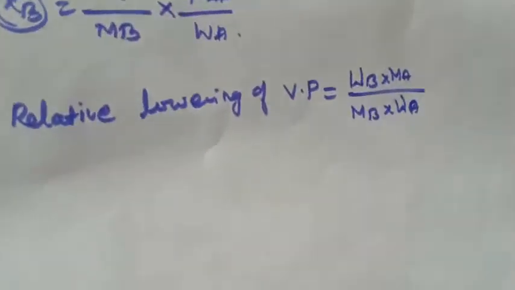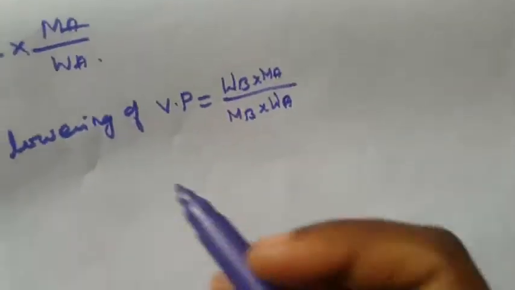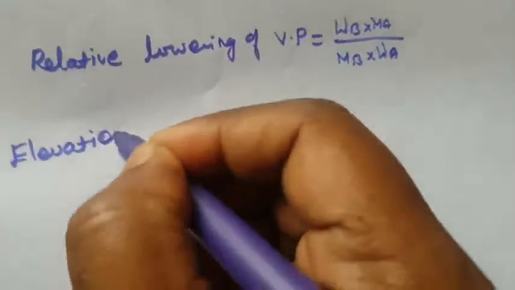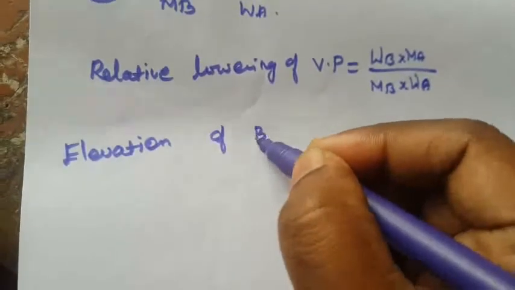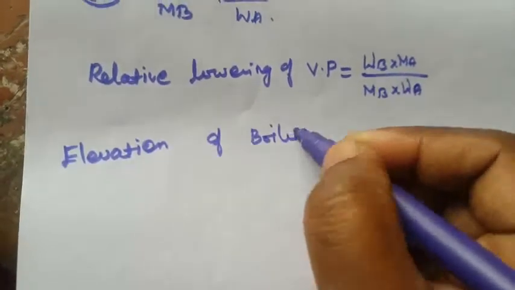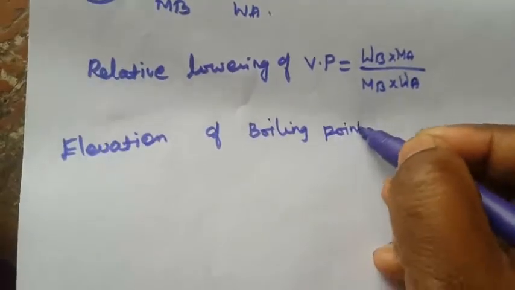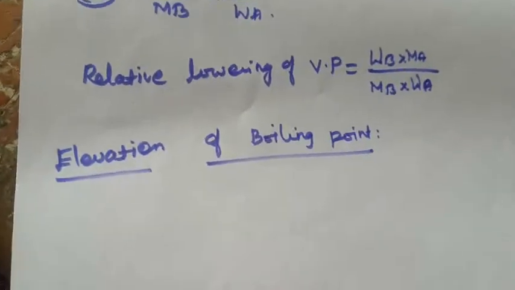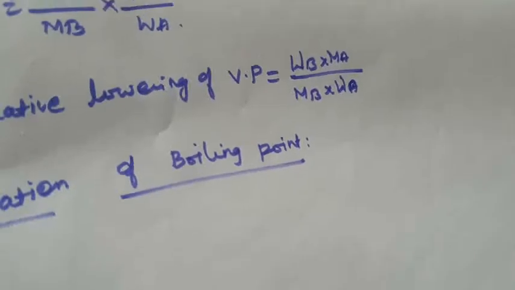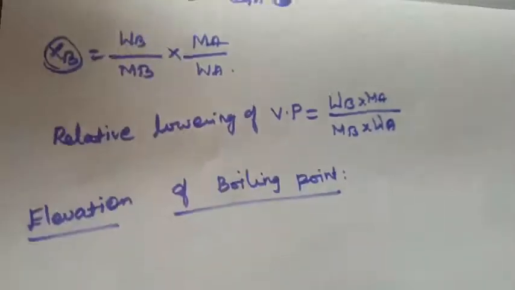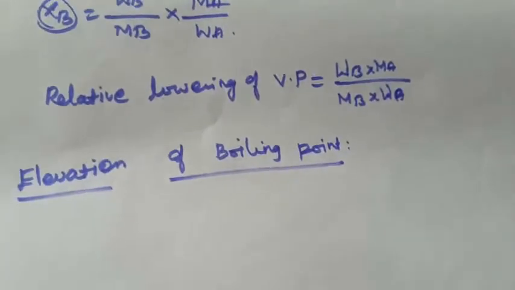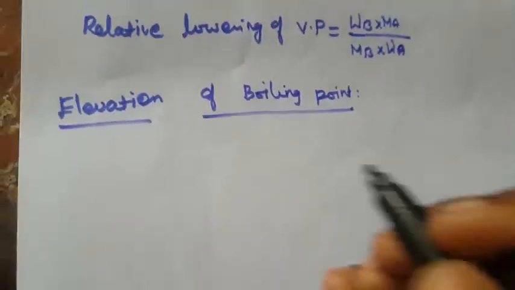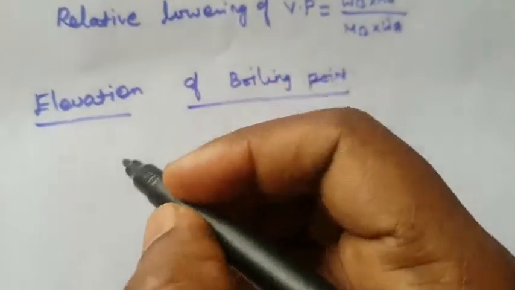Next we are going to see what is meant by elevation of boiling point. The boiling point can be calculated when a non-volatile solute is added.